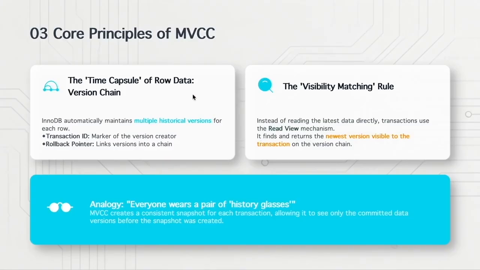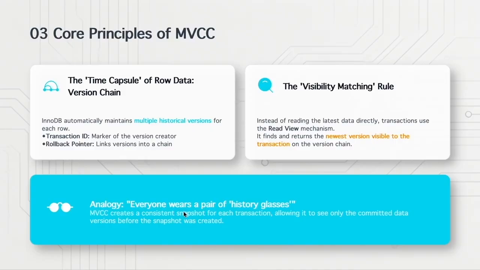Let's now explore the core principles. Imagine each row of data has a time capsule. This is the version chain. InnoDB keeps multiple historical versions of each row. When a transaction reads data, it doesn't just grab the latest version. Instead, it uses a set of rules embodied in the read view to determine which version it can see.